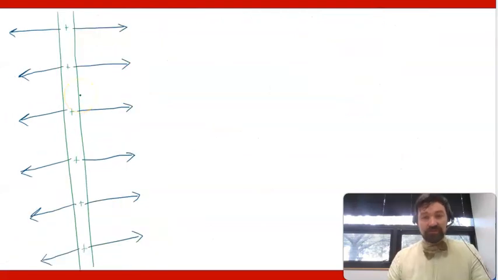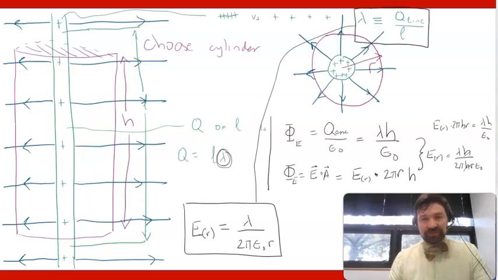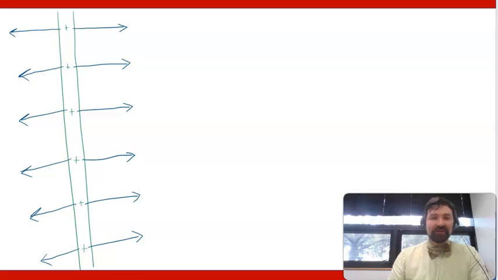Another scenario would be a plane of charge, so an infinite plane of charge. And as we had to do over here with the dense versus the sparsely arranged charges, so with the plane, we define for ourselves sigma, and that'll be defined as charge per area.